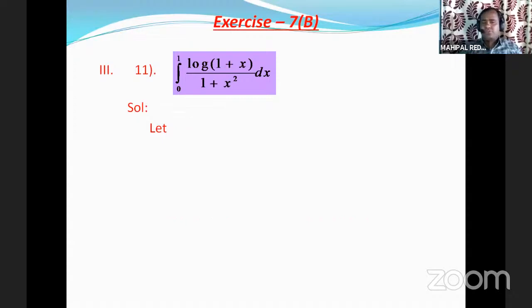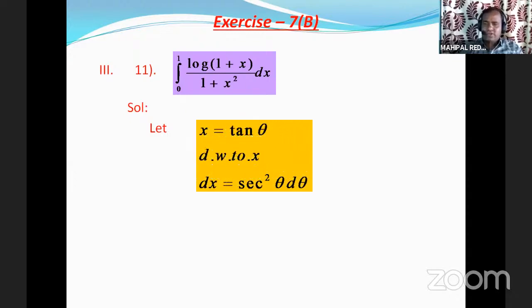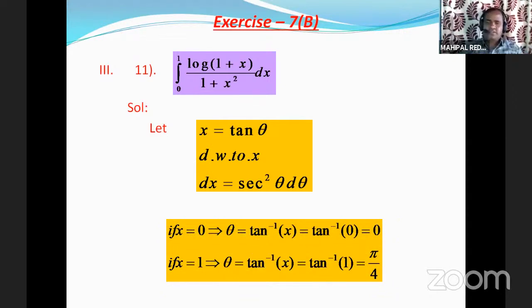The given question is integration 0 to 1 log of 1 plus x by 1 plus x square dx. Here we take x equals tan theta. Taking the derivative with respect to x on both sides, dx equals sec square theta d theta. This is a definite integration, therefore we have to change the limits also.